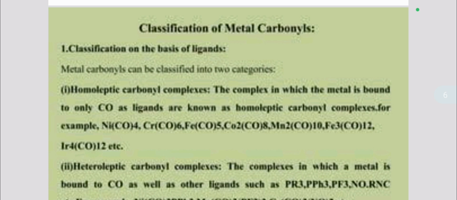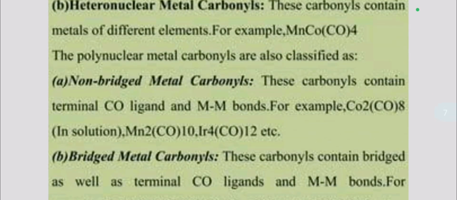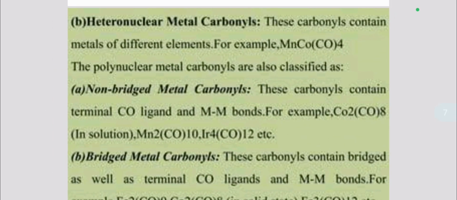That's why we call it a heteroleptic carbonyl complex. Then there are two types of heteroleptic carbonyl complex: bridged metal carbonyls and non-bridged metal carbonyls. Non-bridged metal carbonyls contain terminal CO ligands and M-M bonds.